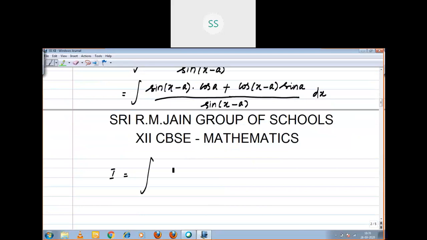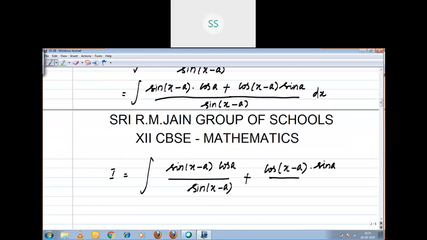I equal to integral sine x minus a into cos a divided by sine x minus a plus cos x minus a into sin a divided by sin x minus a into dx.